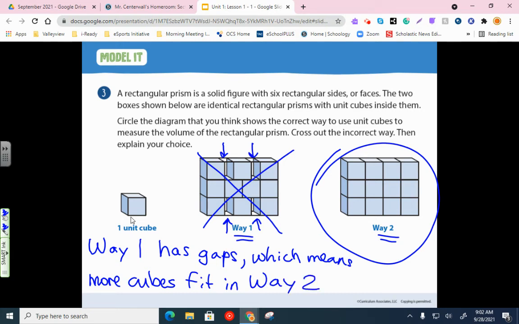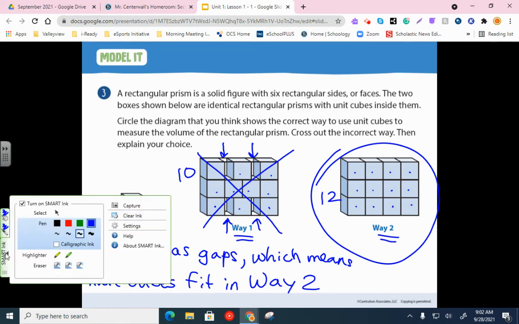And let's count them up. I've got 1, 2, 3, 4, 5, 6, 7, 8, 9, 10. I've got 10 for here, and then I've got 1, 2, 3, 4, 5, 6, 7, 8, 9, 10, 11, 12 for way 2. So obviously, way 2 is more accurate.